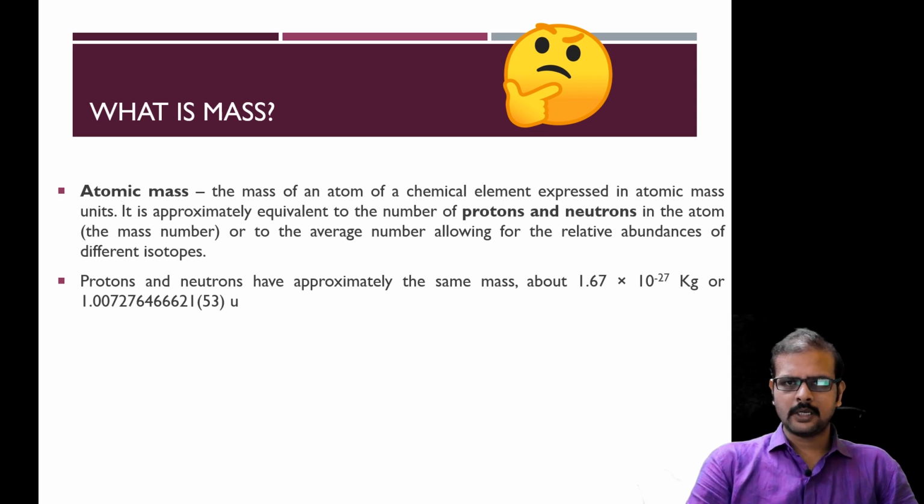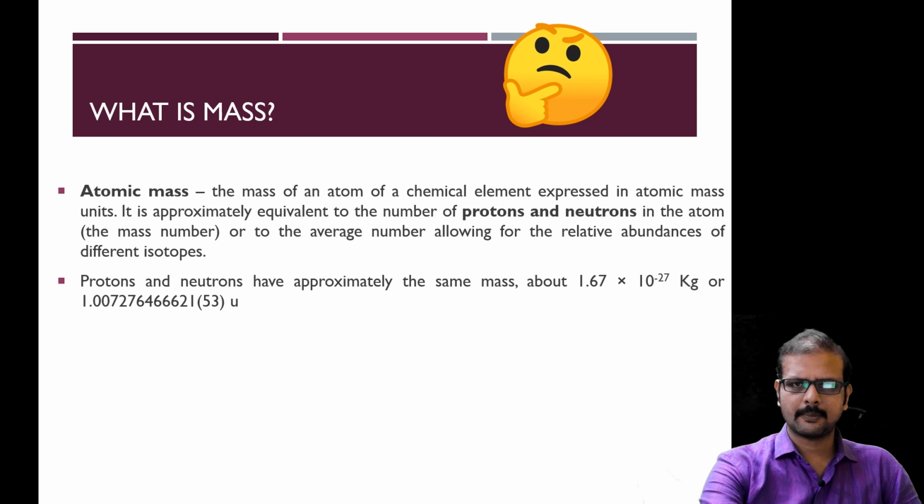Therefore, only protons and neutrons give mass to the atom. So what is the mass of a proton or a neutron? It is approximately 1, that is 1.67 times 10 to the power of minus 27 kg, or 1 amu. This is taken in atomic mass units.